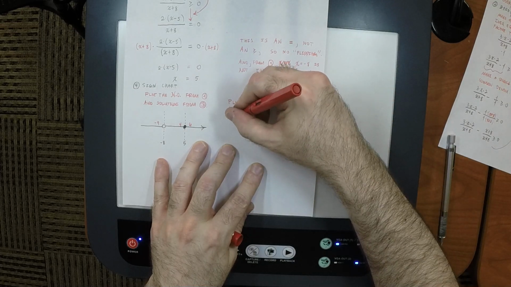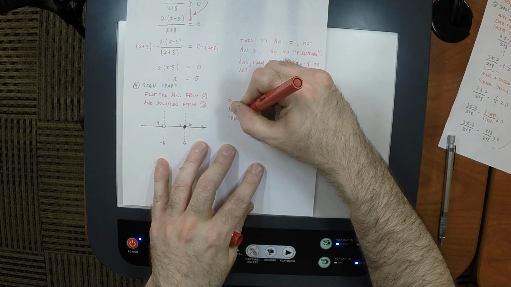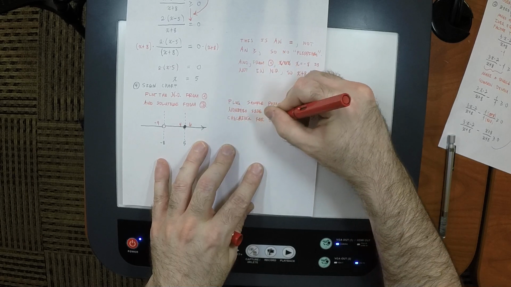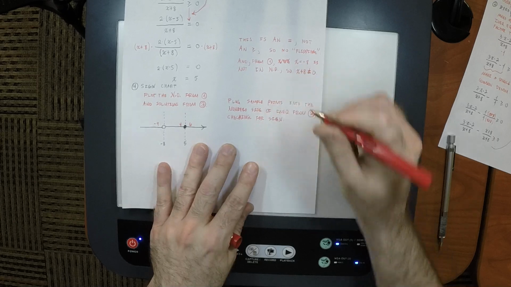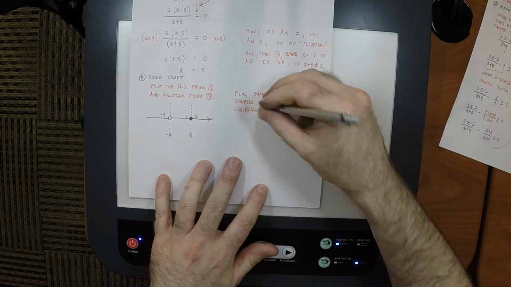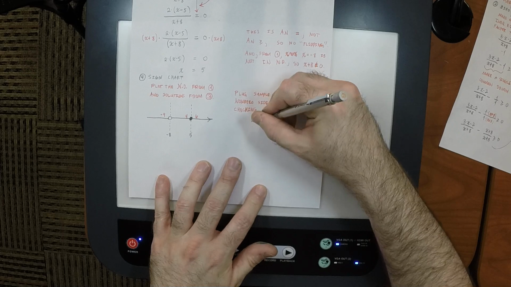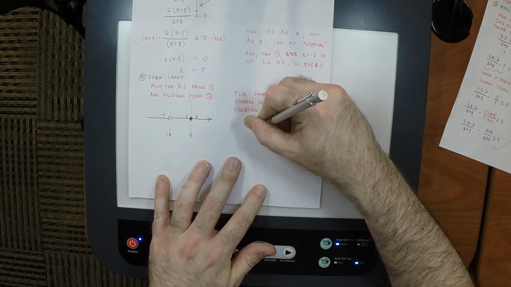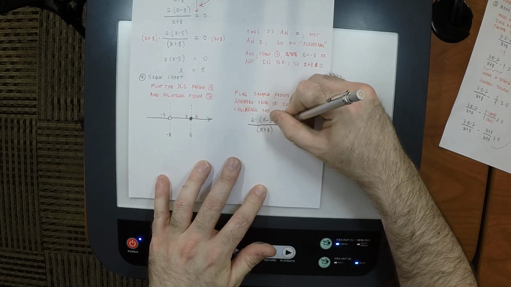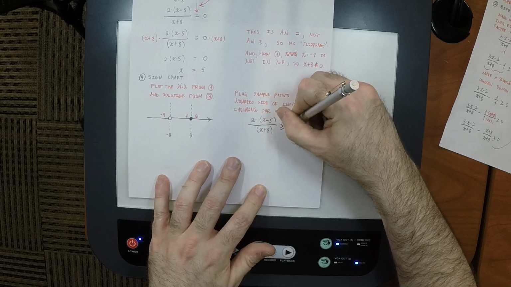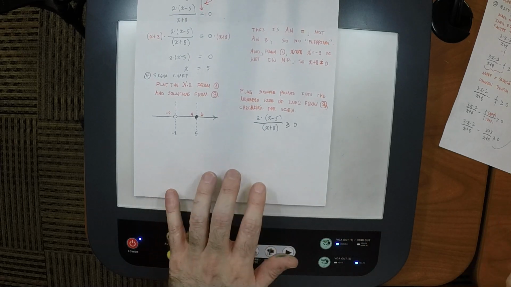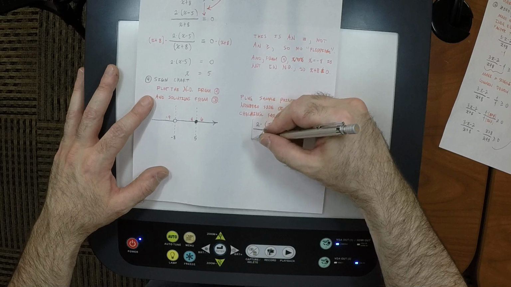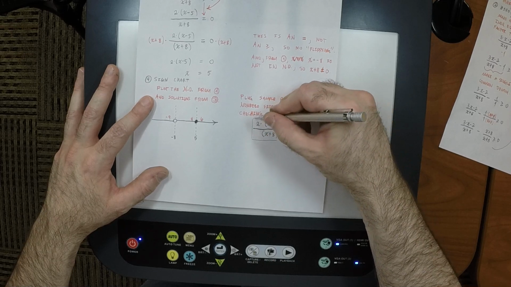And we're only going to be checking for sign. So that's the inequality, and we want to plug into this side. We're only interested in the sign.